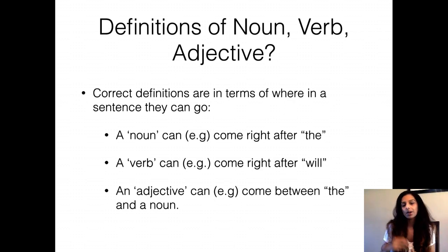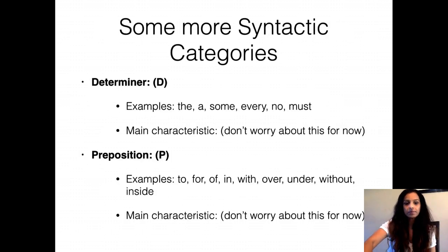A noun can appear after a determiner such as a, and, or the. A verb can come with another helping verb or an auxiliary verb such as will, and an adjective can come between the determiner and the noun. Here are some more syntactic categories.